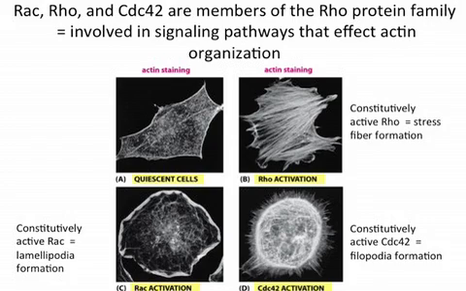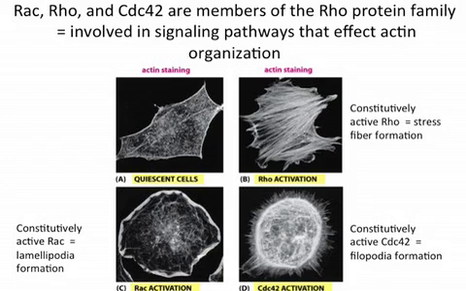So this picture is showing actin staining with different members of this RHO protein family because they do different things. Okay, so here's a normal cell. You stain the actin, and it's just got a little bit of actin around the edges, and there's nothing going on. When you have activation of RHO, so this is a cell where they constitutively activated RHO, you get stress fiber formation.